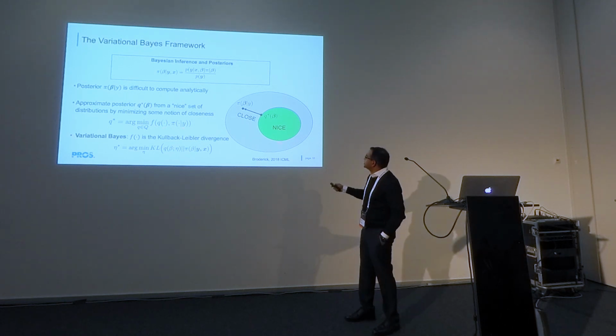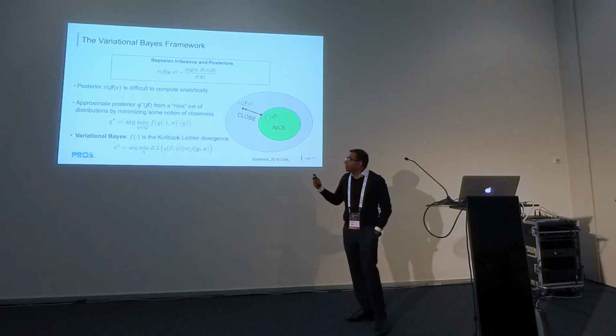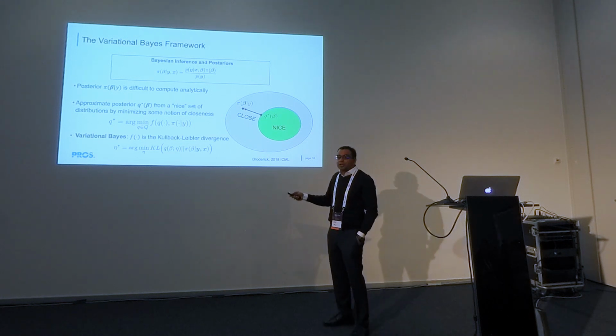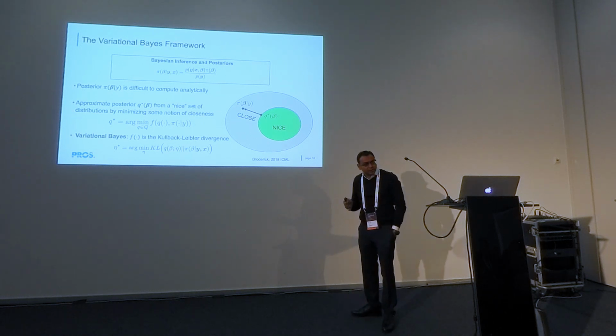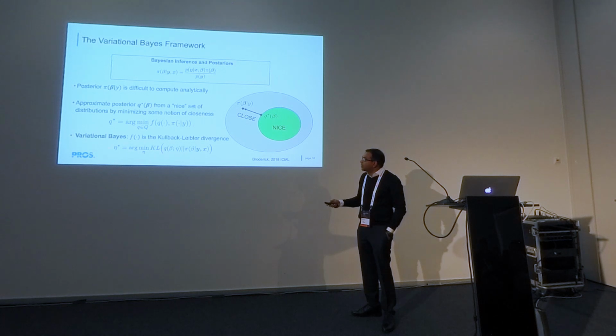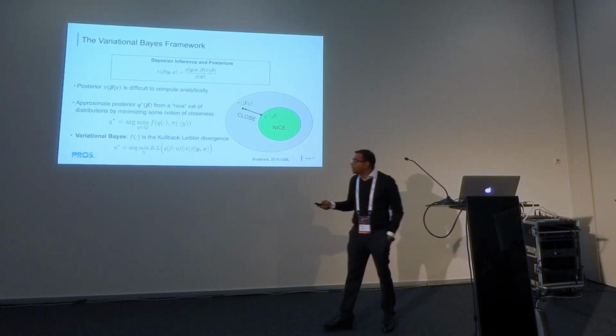The typical measure people use is the Kullback-Leibler divergence, so you find the parameters of your approximating distribution which minimize KL divergence.